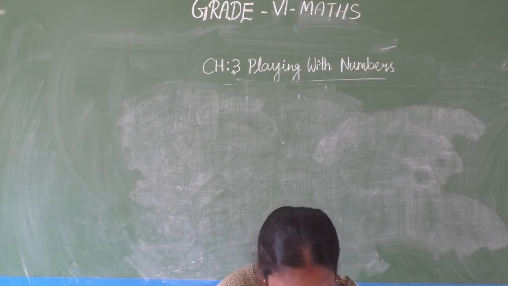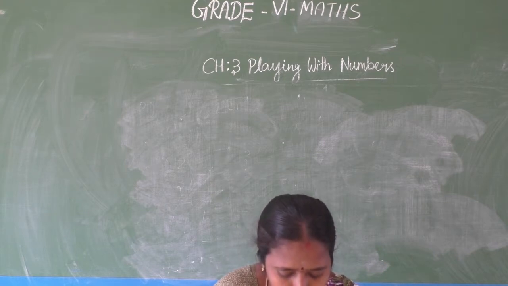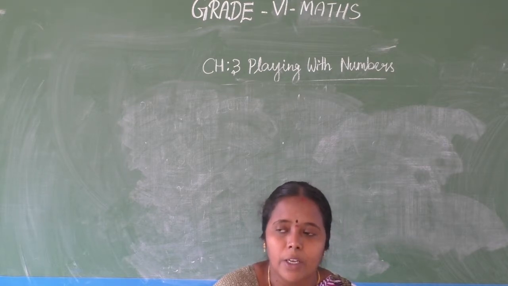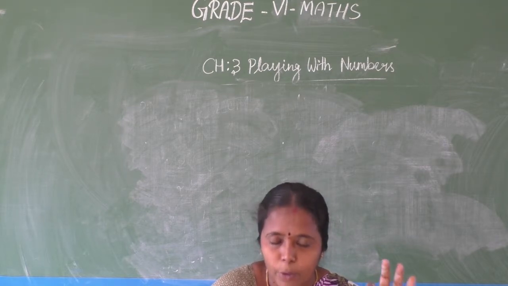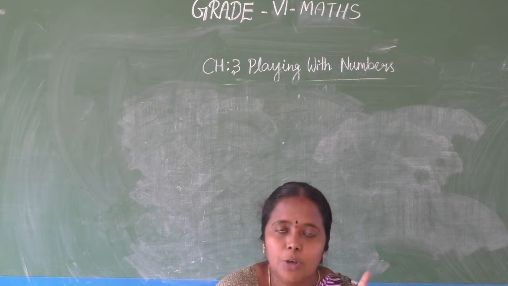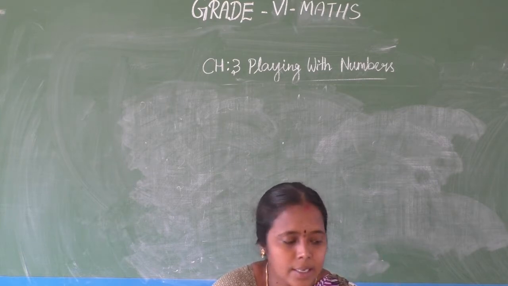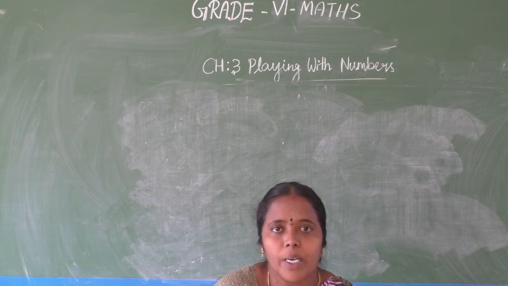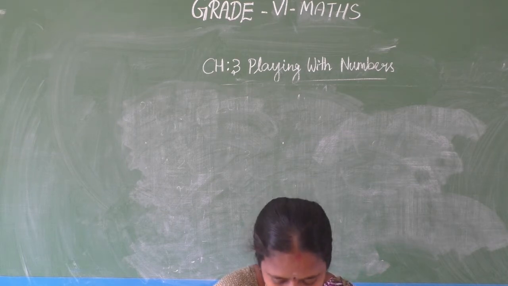Determine the smallest 3-digit number which is exactly divisible by 6, 8 and 12. Exactly divisible. So you have to select one number that should be divisible by 6, 8 and 12. 6th table, 8th table, 12th table. That number should be divisible by all 3 numbers. You have to select that number.